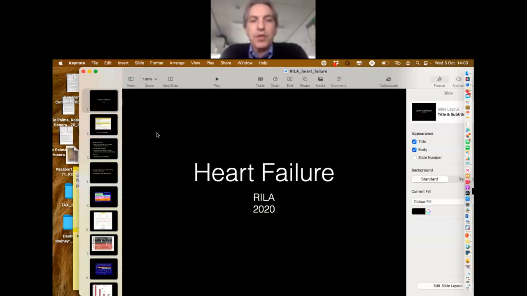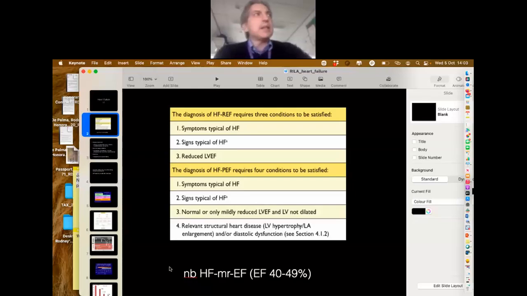But without further ado, in order to diagnose it, you need to have symptoms that are typical of heart failure. We'll go into this in more detail a bit later on, but this includes exertional dyspnea and exercise limitation, not always mentioned by patients.